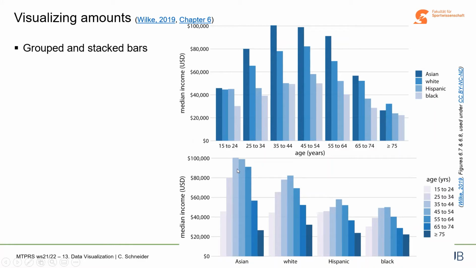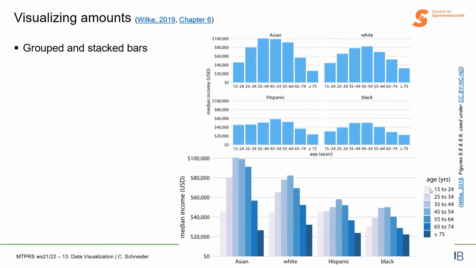An alternative way is that you can also separate the information in split plots, where you get rid of the different color shadings and you have the information on the age directly displayed at the x-axis. By using the same y-axis for all the different split figures, you can see, all right, Asian still has the highest income overall, and we see the different distributions for different age groups.